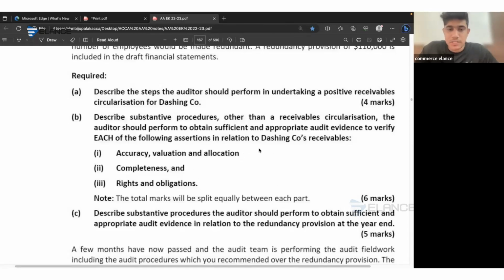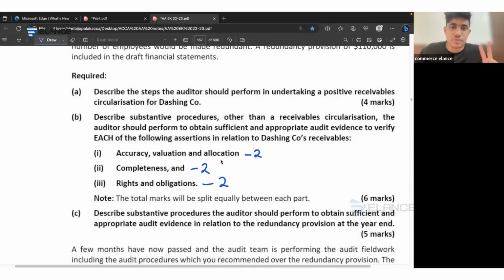So we'll be getting 2 marks for accuracy, valuation, and allocation related points, 2 marks for completeness, and 2 marks for rights and obligations. So what we need to do in this case, since it's a direct assertion-specific question, with nothing from the scenario, is this: we have already studied procedures in relation to accuracy, valuation, and allocation.